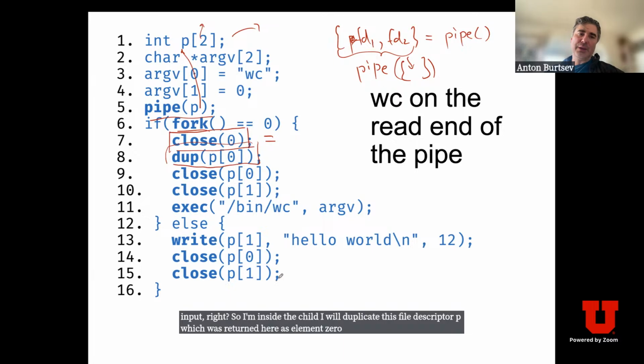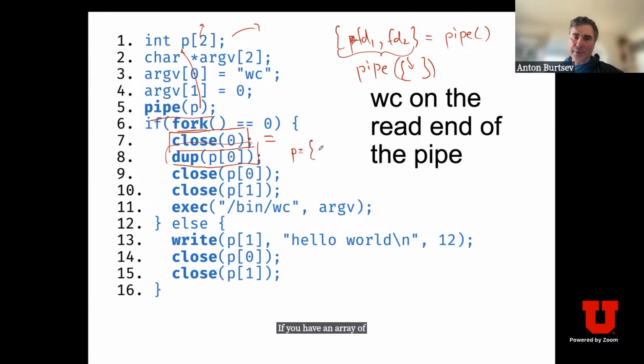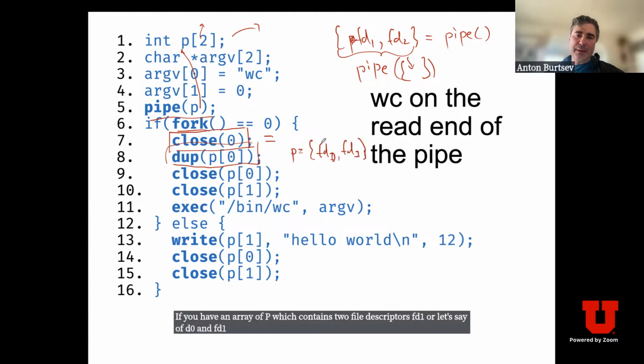If you have an array of P, which contains 2 file descriptors, fd0 and fd1, then this will be duplicated into the recently closed 0, because it's the closed file descriptor with the least significant number, right?